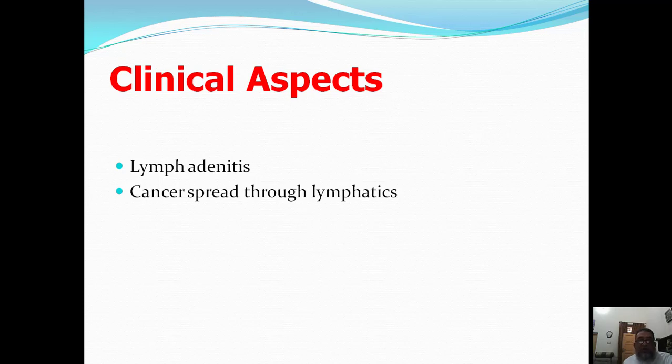So this spread is very notorious in cancer of the breast. So the spread is of three types: hematogenous, via lymphatics, and local spread. So lymphatics also play a role in carrying various cancer cells toward other places.